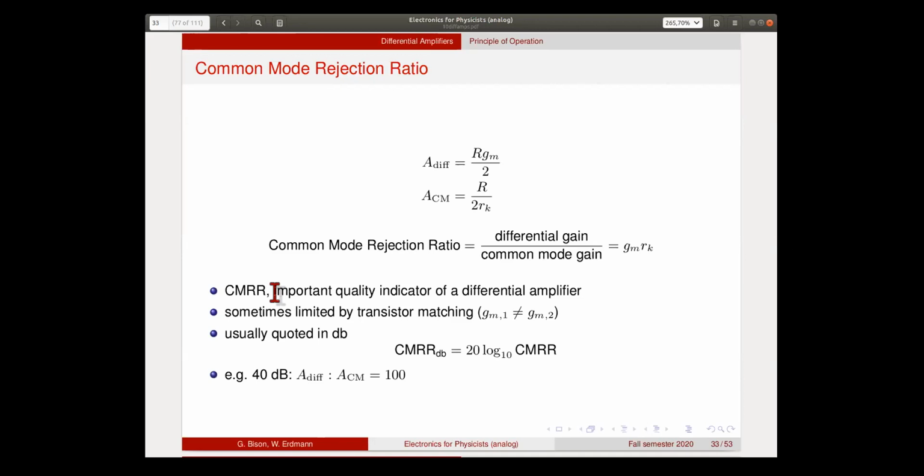So then the common mode rejection ratio in decibel is 20 times the log to the base of 10 of the ratio that is shown here. So for instance, if you have a differential amplifier with a 40 dB common mode rejection ratio, that means that the differential amplification is a factor higher than the common mode amplification.